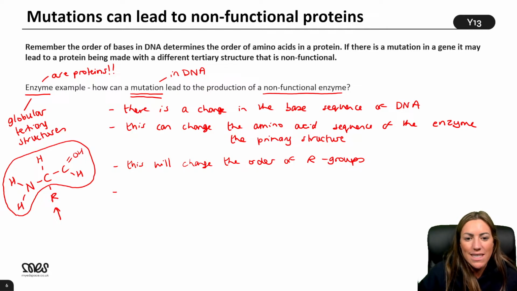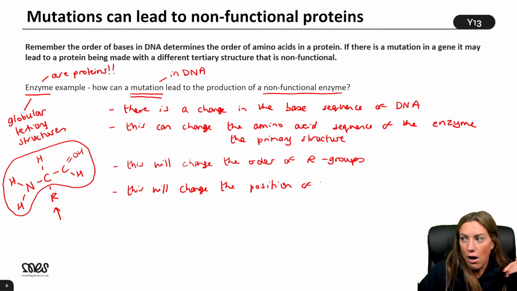There are 20 different amino acids, all with different R groups. So if we're changing the order of amino acids, we're basically changing the order of those R groups, the variable side chains.